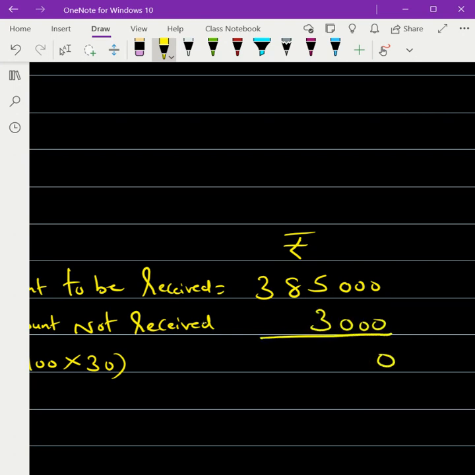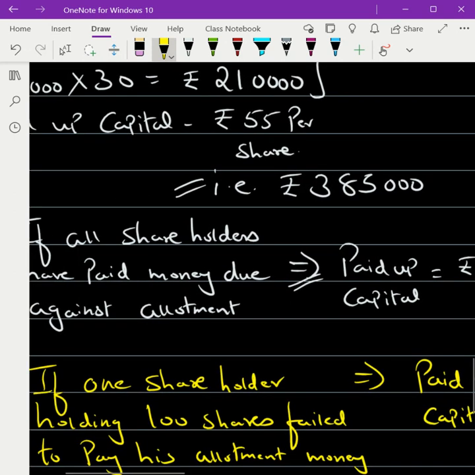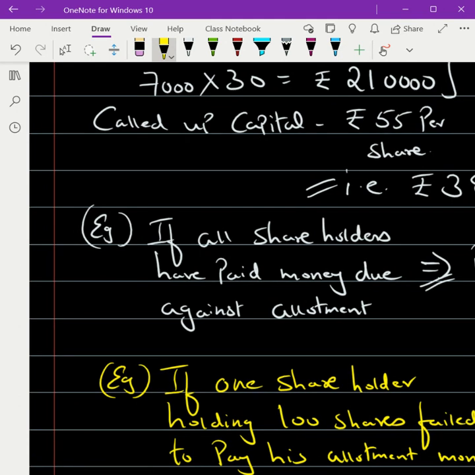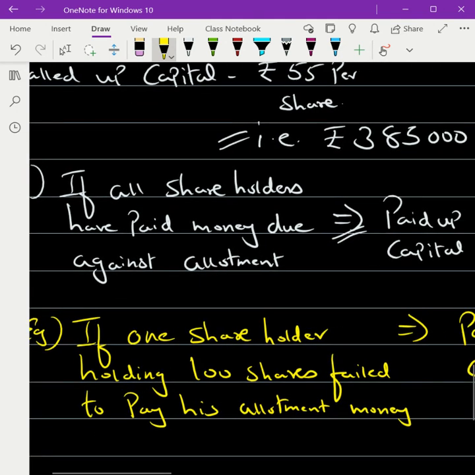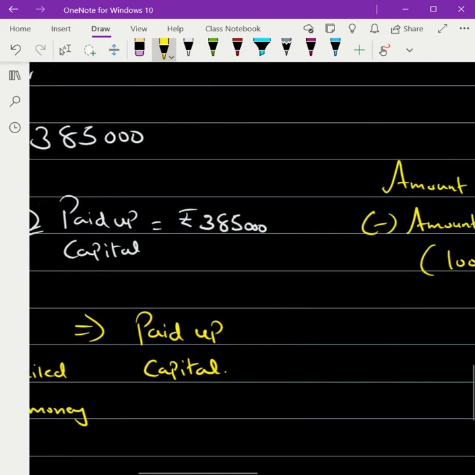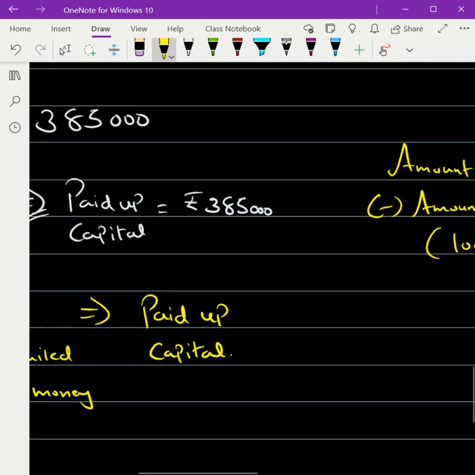So now the value will be 3 lakh 82,000. If this is the case, then what will be your answer? The called up capital will be the same amount, 3 lakh 85,000, but the paid up capital will be an amount of rupees, how much? 3 lakh 82,000. Understood?